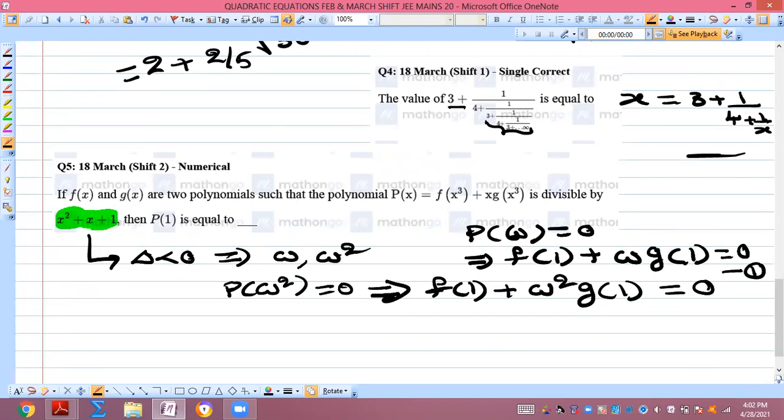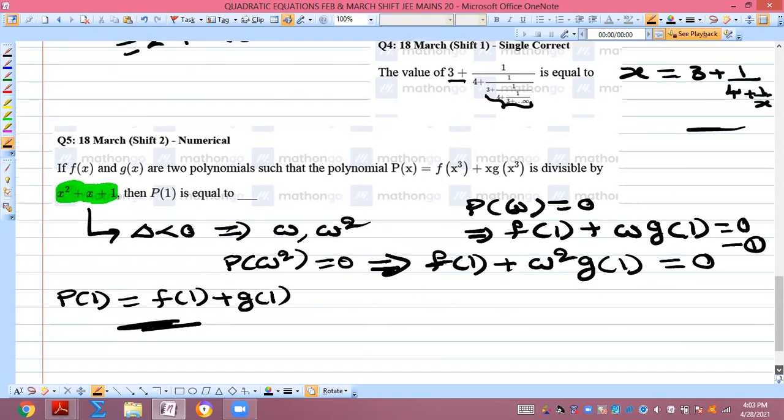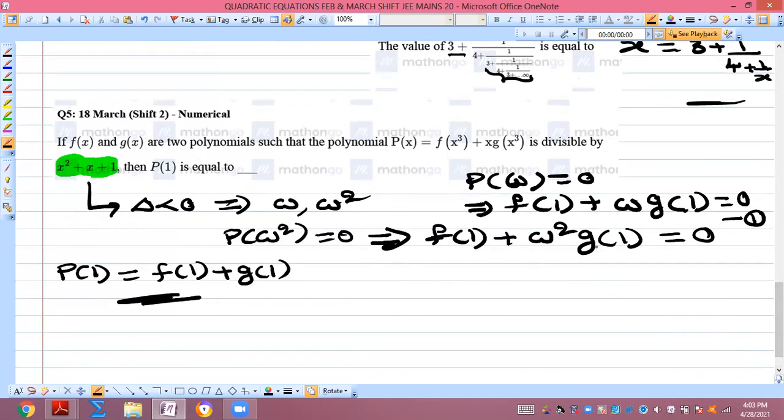For that I'm just adding these two equations. They're asking p of 1. What is p of 1? F of 1 plus g of 1. This is our requirement. So when I'm adding equations 1 and 2, that is 2 times f of 1 plus omega square, we know 1 plus omega square is 0.